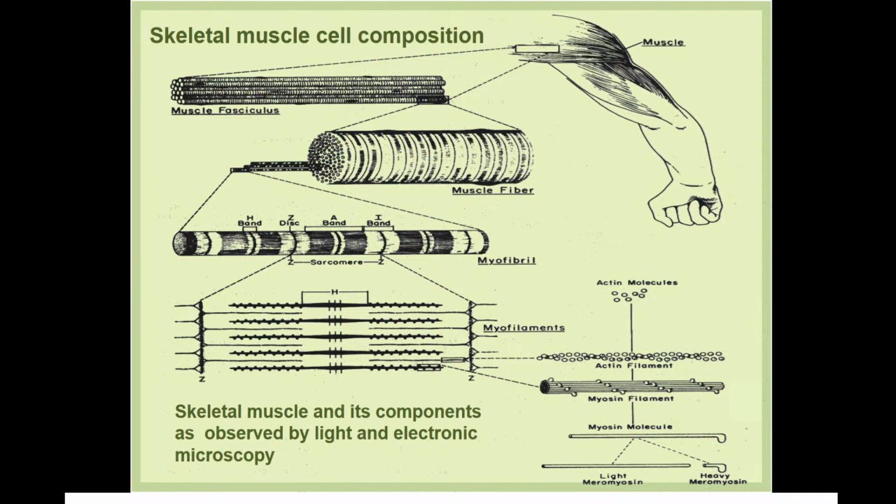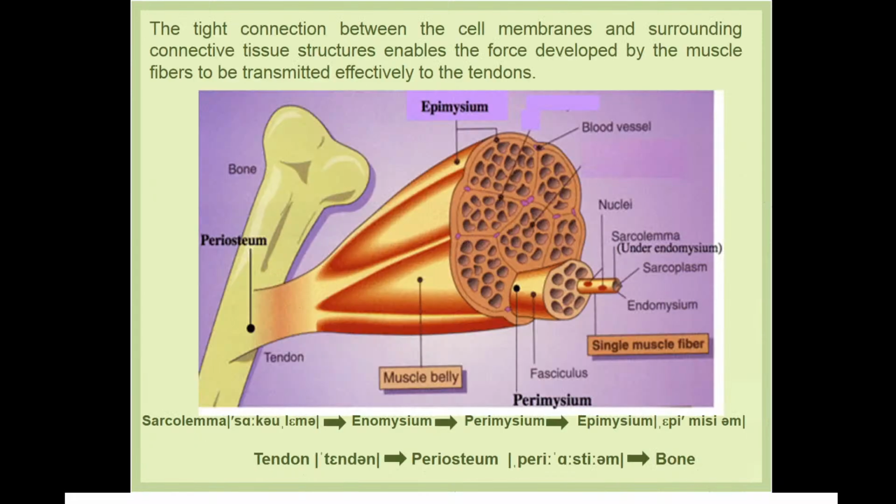Look at the tight connection: sarcolemma, endomysium, perimysium, epimysium, and after that tendon, periosteum, and then bone.